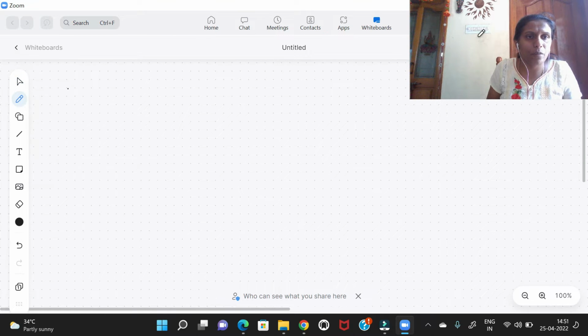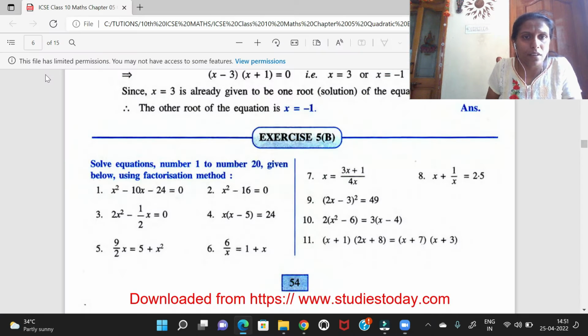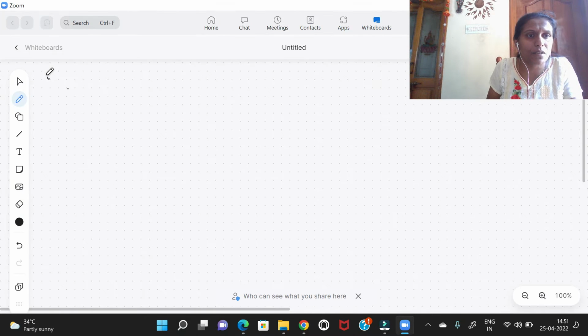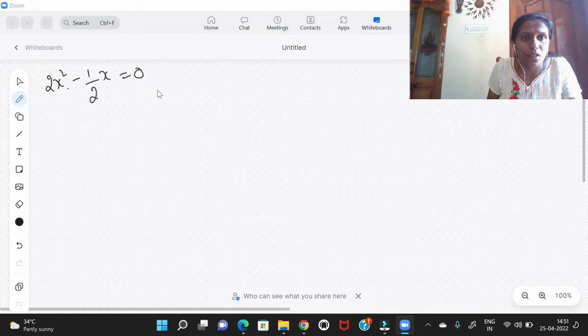Okay, so follow me here. It's the third question, which said 2x square minus half of x is equal to 0. So what are the two different methods that you can think of? Method 1.